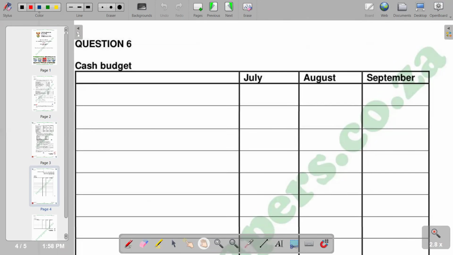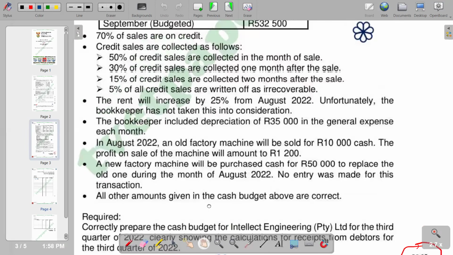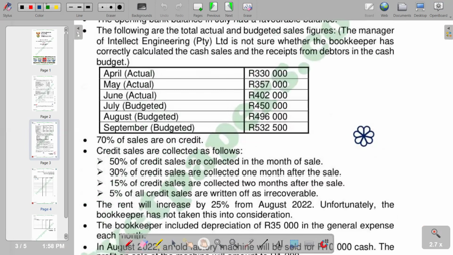In terms of our cash budget, we're going to start with the figure for cash sales. If you refer back to the information given, you'll see that we are given the sales. We are concerned about July, August, and September.